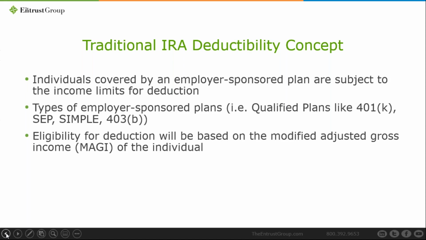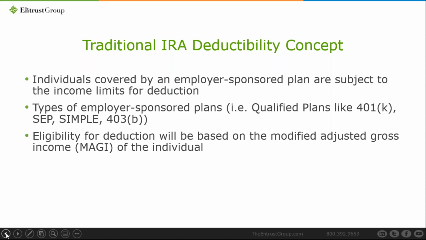In other words, a deduction is already being received by either the contributor or the recipient. In a 401k plan, a participant is actually making contributions via what we call a payroll deduction. It's called a deferral. Or the employer could also be making a profit-sharing contribution on behalf of an individual. That means that the individual is covered.